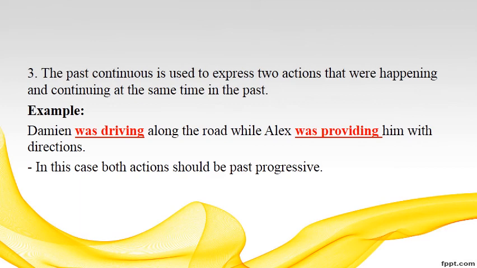For example, Damien was driving along the road while Alex was providing him with directions. Now in this sentence here we have the two actions, was driving and was providing. Both were happening and continuing at the same time, and thus both of them should be used in the past progressive tense.